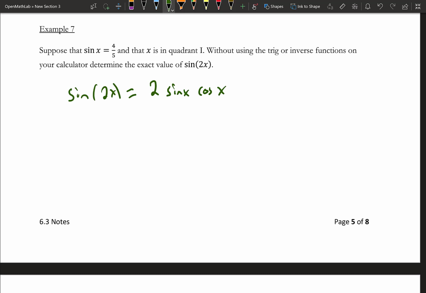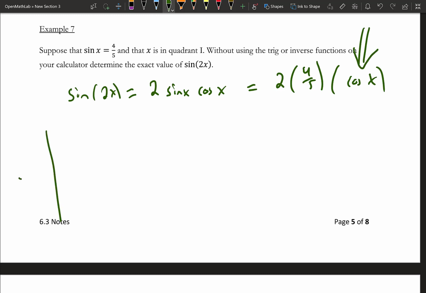I already know what sine x is. If I can figure out what cosine of x is equal to, then we're golden, because this would be equal to 2 times 4/5 times cosine of x. So I need to figure out what this equals. If I draw this, x is in the first quadrant.